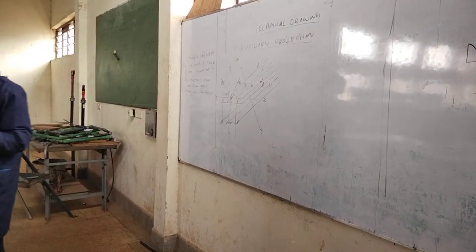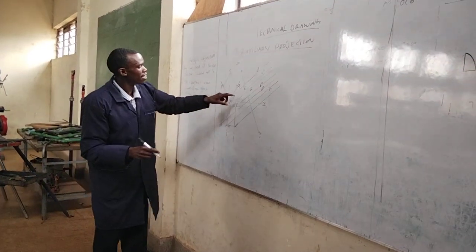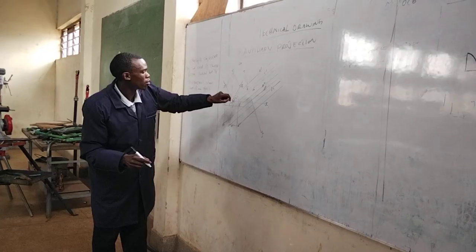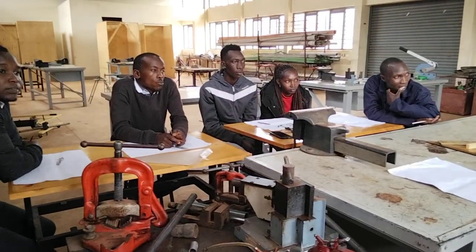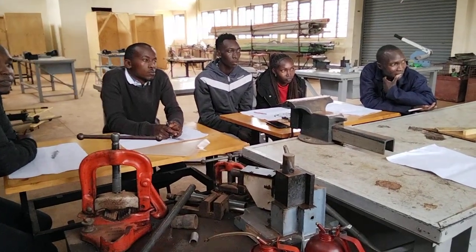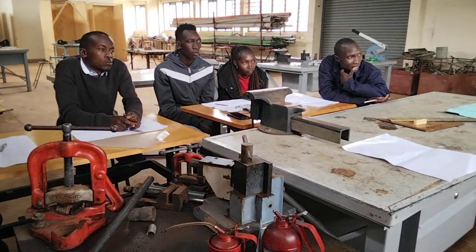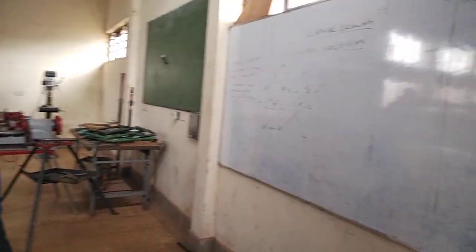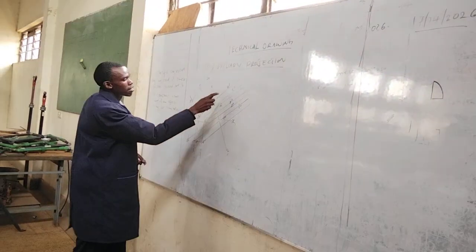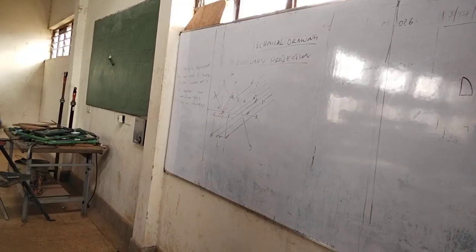So how would you come up with your prism? So you join where is A2? You did not mark the point for A2. So you follow? Yes. There's no B1. B1 you can again.